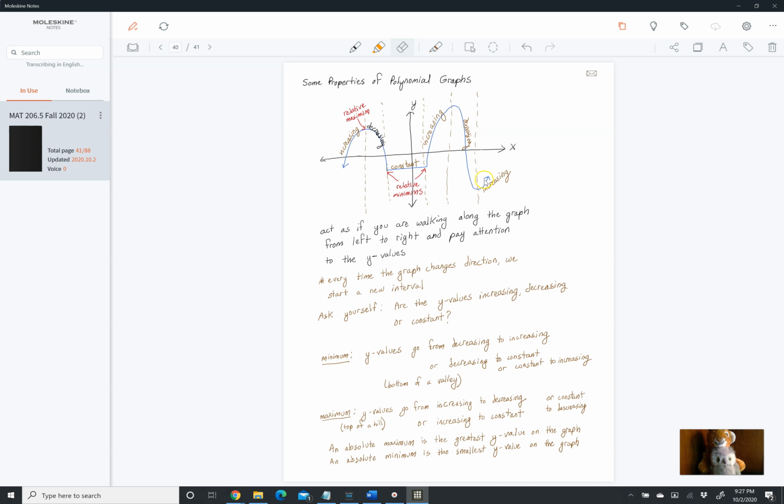But there's an arrow, and this arrow says we keep going forever and ever. So if we actually followed this arrow, we would wind up higher than this point over here, right? We're even going to keep on going higher and higher. So this is also a relative maximum.